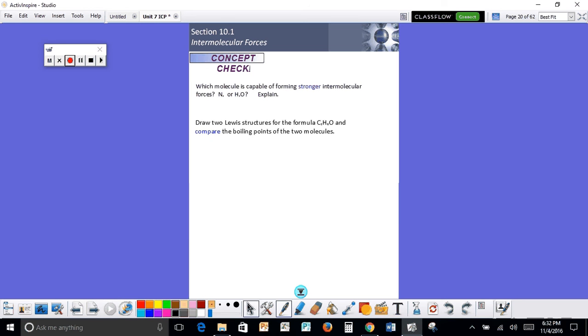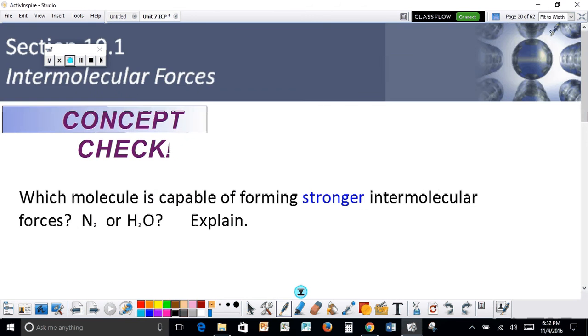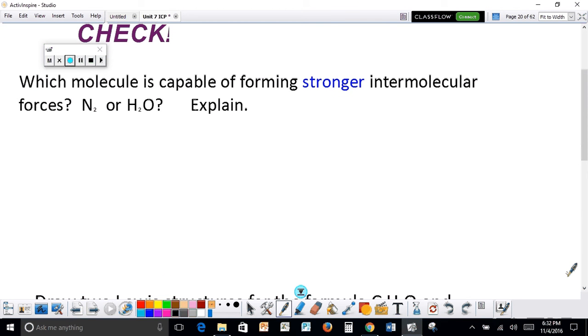So let me move some stuff around so that I can have some space to write and everything is nice and neat and clear. You have plenty of room on your in-class problems to write these. All right, so I'm going to go ahead and expand this just a little bit so that we can see and do this.